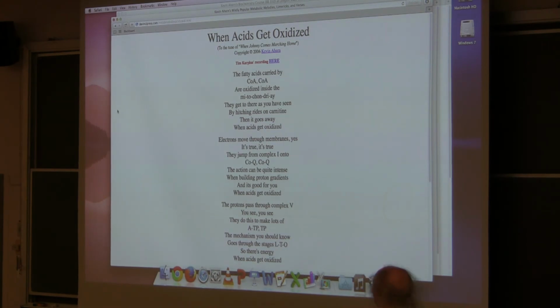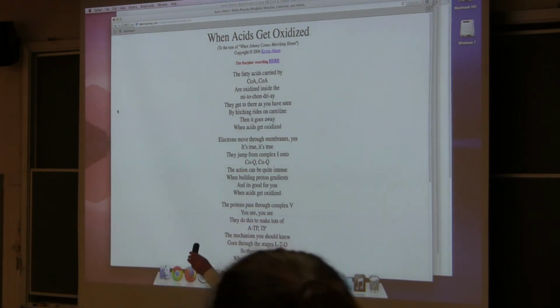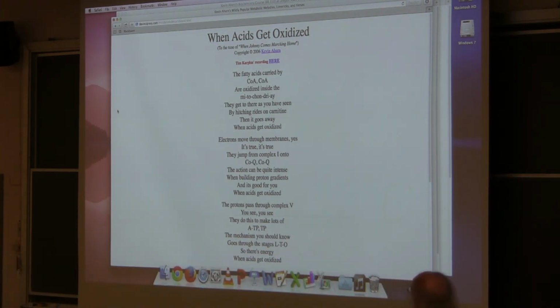So please join me. The fatty acids carried by CoA are oxidized inside the mitochondria. To get to there, as you have seen, by hitching rides on carnitine. Then it goes away when acids get oxidized. Electrons move through membranes. Yes, it's true, it's true. They jump from complex 1 onto CoQ.